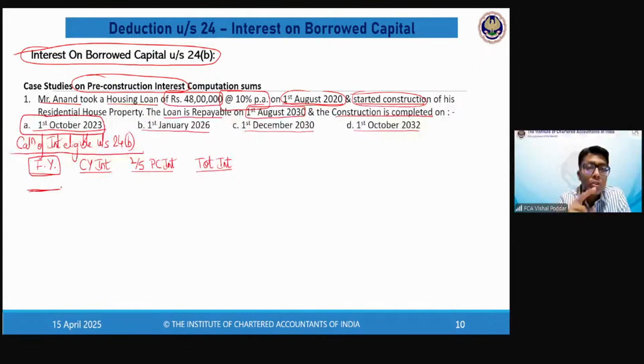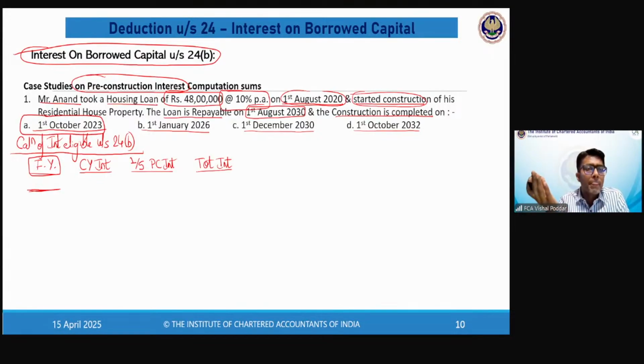Similarly, here, from which year you will start computing your HP income, from which year you will start claiming this interest deduction? Same answer: the year in which my HP comes into existence, that is the year in which my construction is completed.